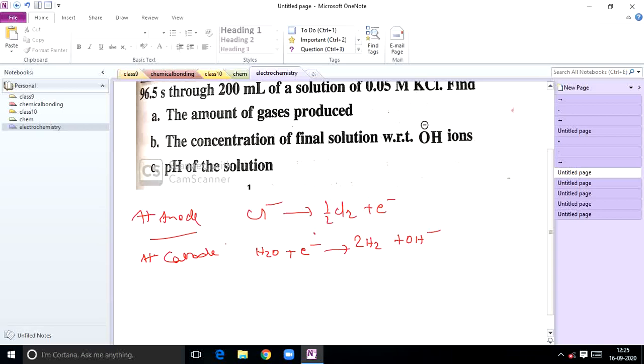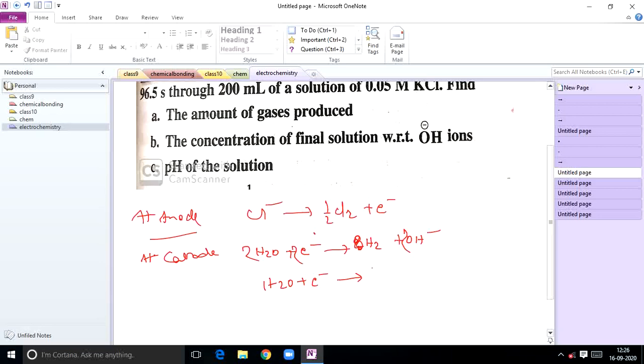What is a major reaction that takes place at cathode and anode? So 2H2O plus 2 electrons, this is with respect to 2 electrons. So 2H2O plus 2 electrons gives rise to, at cathode, H2 plus 2OH minus. So if you do in terms of one electron, H2O plus electron gives rise to half H2, how to get it?